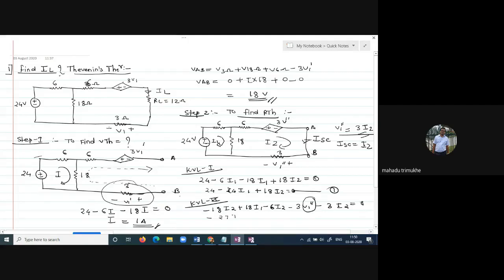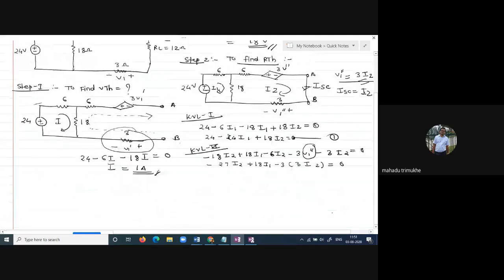Minus 27 I2 plus 18 I1 minus 3 times V1 dash, and V1 dash is nothing but your 3 I2, so minus 3 I2 is equal to 0. You have to put that in and then simplify.